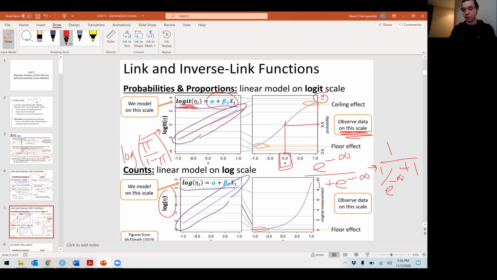All right, so we have to be a little tricky. 1 over e to the negative infinity is just e to the positive infinity, which is a very, very large number. 1 over a very, very large number plus 1 goes to 0. And that means this line will just get closer and closer and closer to 0 without ever, ever touching 0. So that's how the logit and the inverse logit function works.